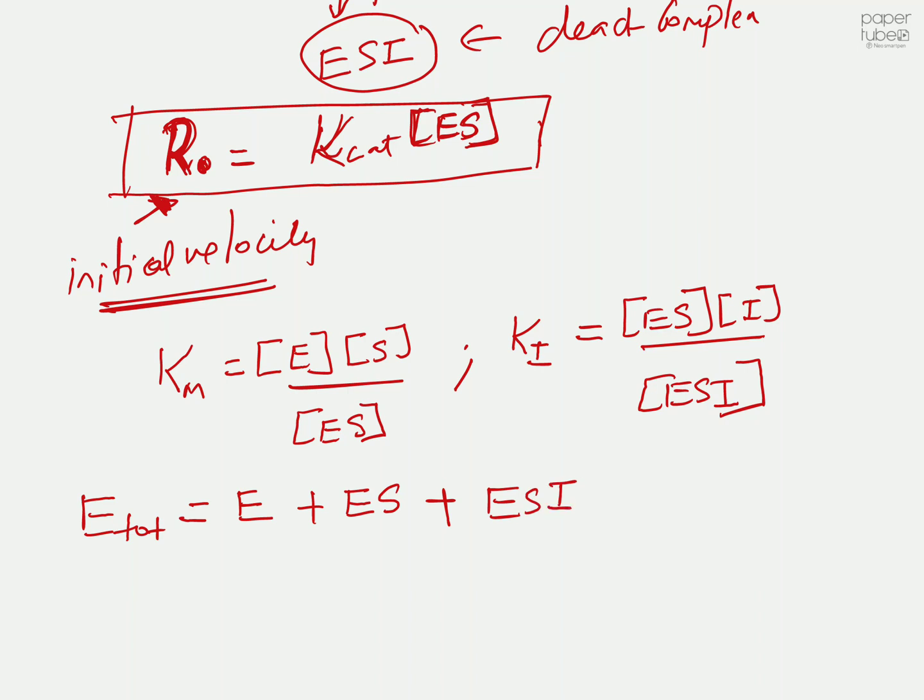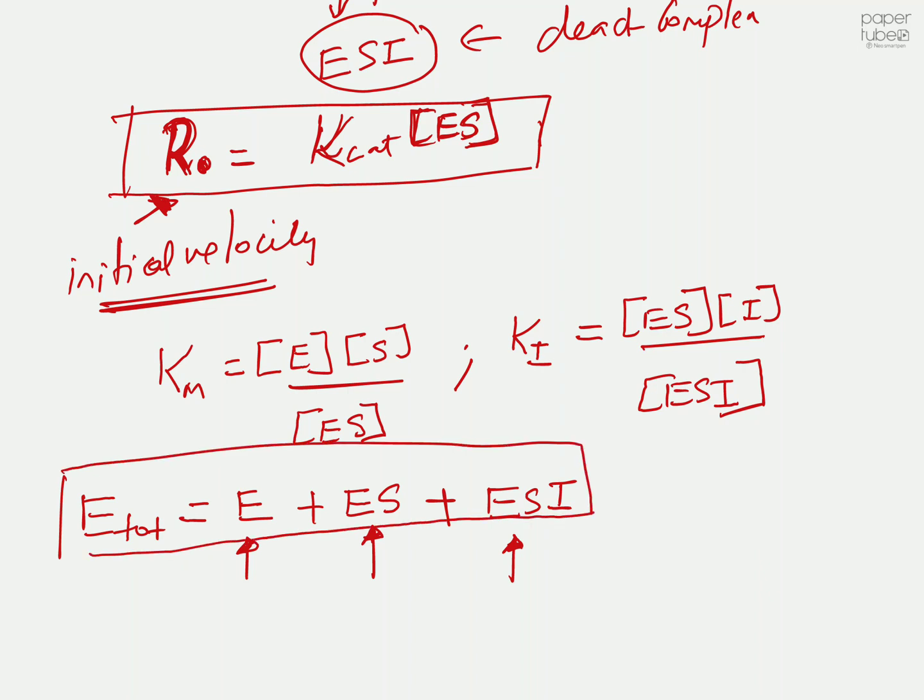So at any instant of time, you can see your free enzyme, or your enzyme associated with your substrate, or your enzyme associated with your substrate plus inhibitor. That will be your total enzyme concentration when we are dealing with uncompetitive inhibition.